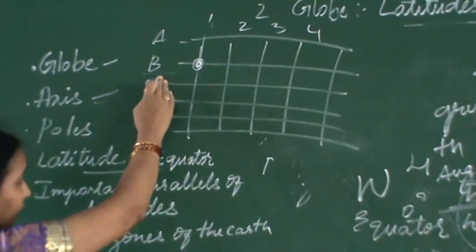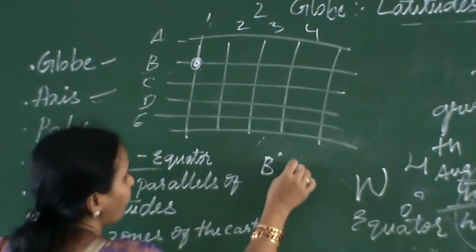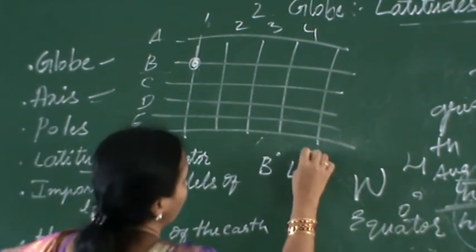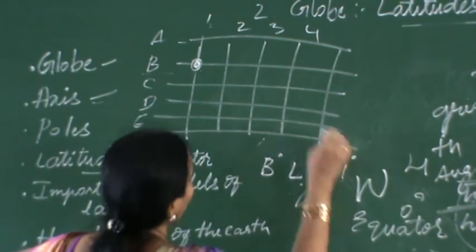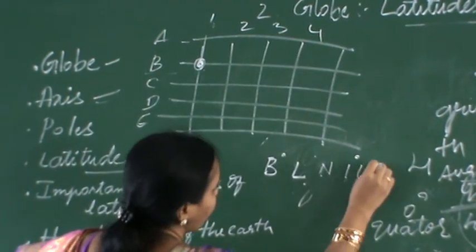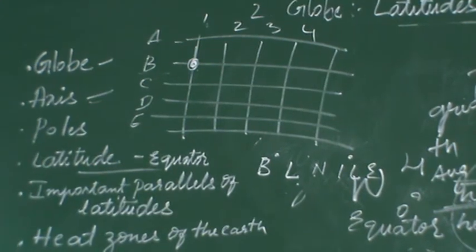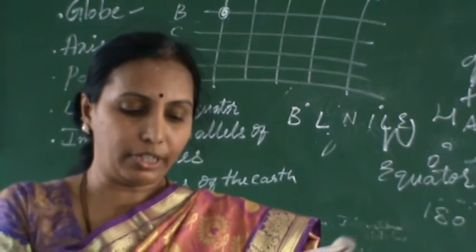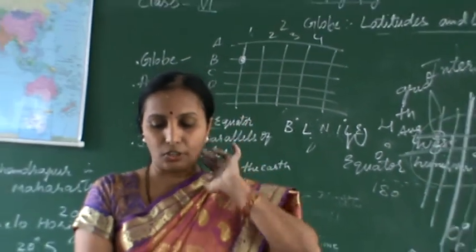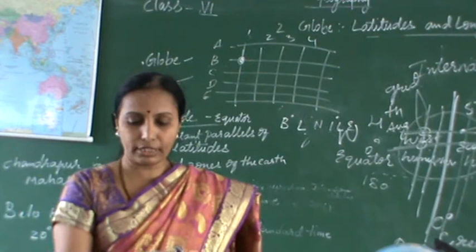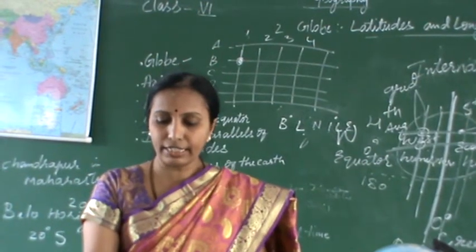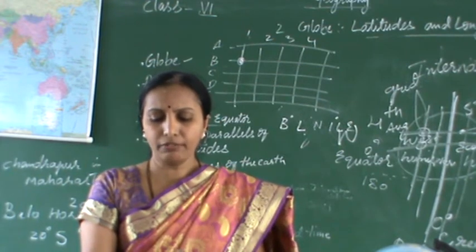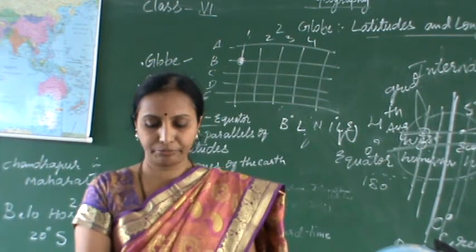This place is located at B degree of latitude north and 1 degree of longitude east, like this. Underline in your textbook: vertical lines represent east longitudes and horizontal lines represent north latitudes. Now you see that circle A is located on B degree north latitude and 1 degree east longitude.